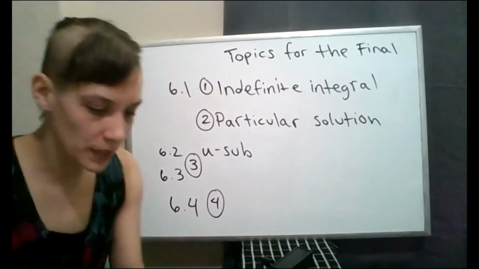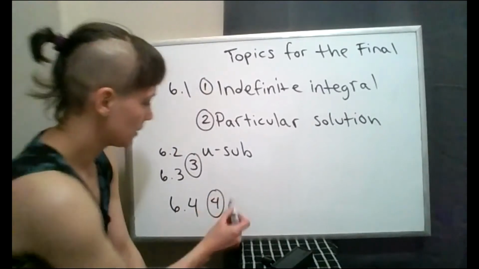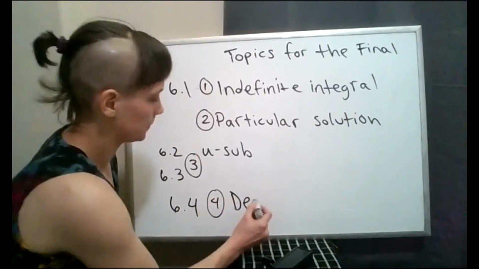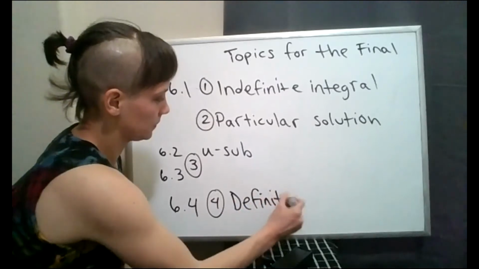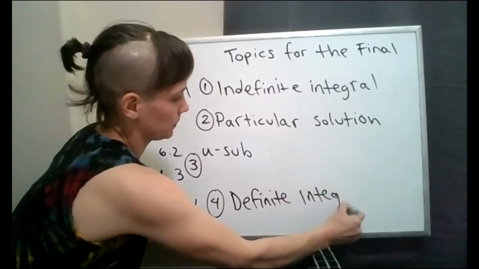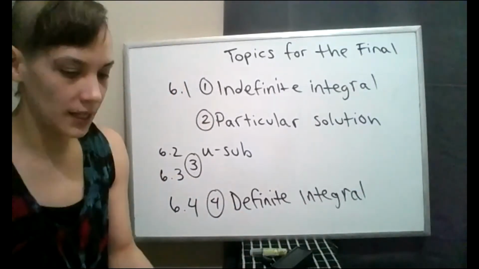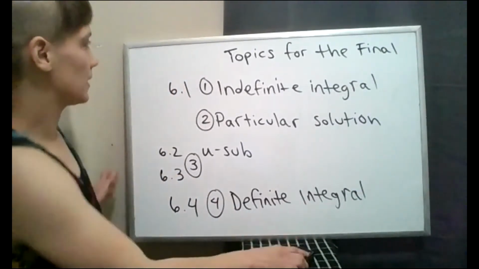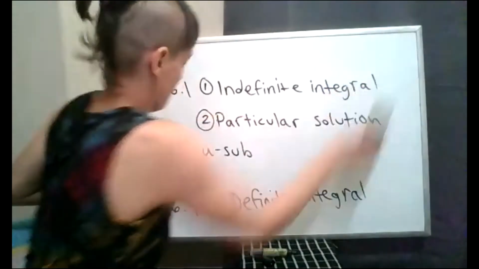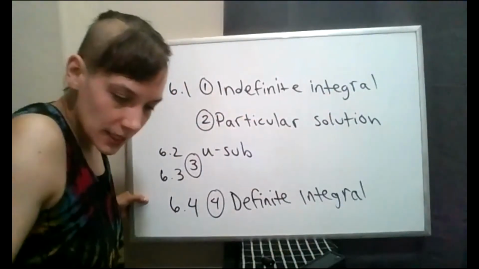Question number 4 will be definite integral. Number 5 is the area between two functions, from 6.5.